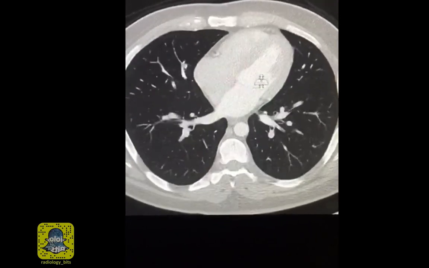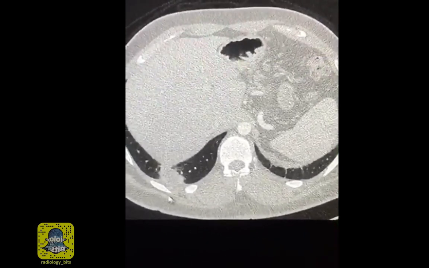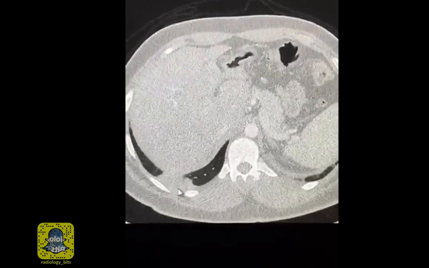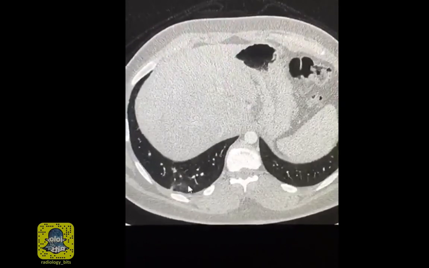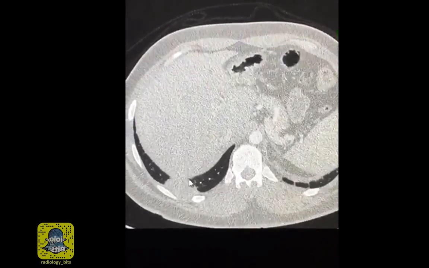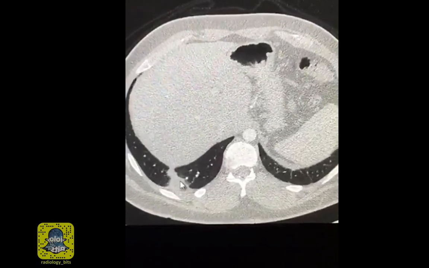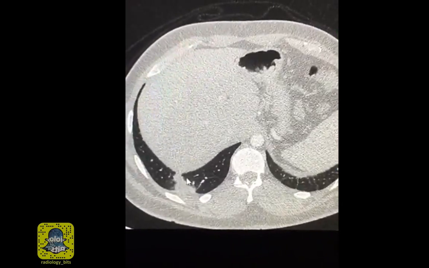Now this is the chest CT on the same patient, and the abnormality is obviously seen in this location. So you have a subpleural consolidation within the costophrenic sulcus of the right lower lobe. And since the patient presented with fever and leukocytosis, this is consistent with pneumonia.